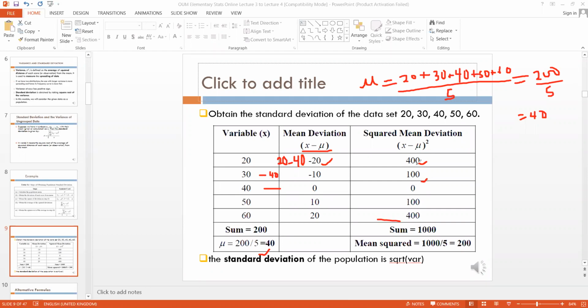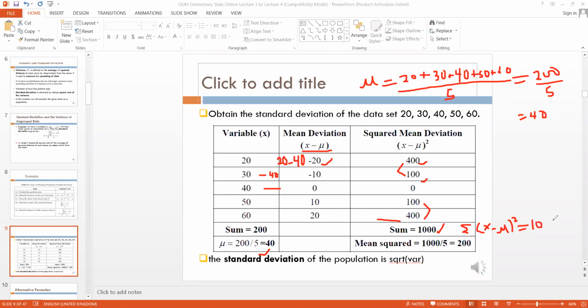If we add these, this is 500 and this is 500, so adding the two will give us 1,000. So this sum here is the summation of x minus mu squared, which is 1,000.